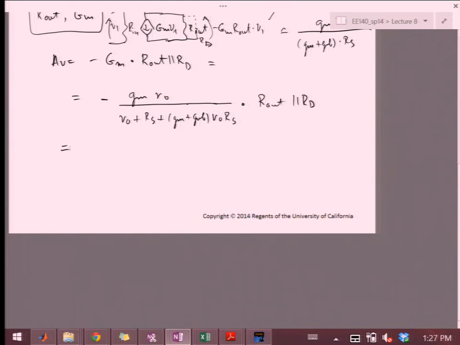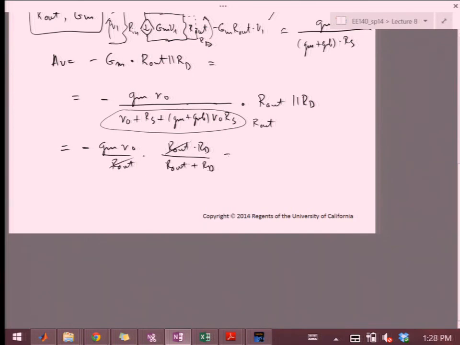And recognize that this piece over here is actually Rout, right? So we can write this out as gm ro over Rout times, and this parallel is Rout times RD over Rout plus RD. So these two will cancel out. And then we have something like minus gm ro RD over ro plus Rs plus.